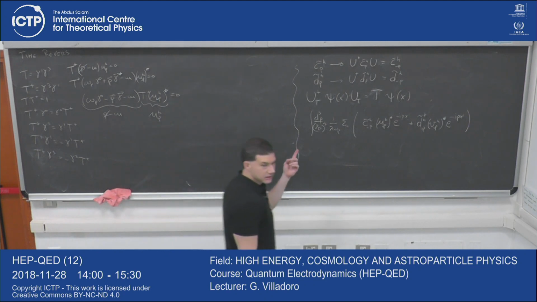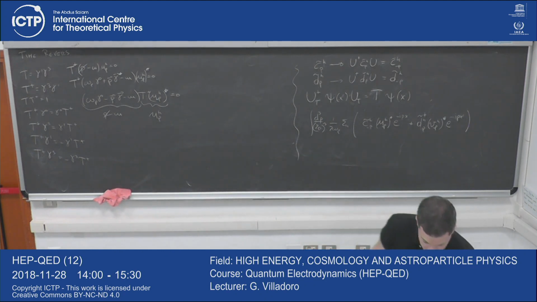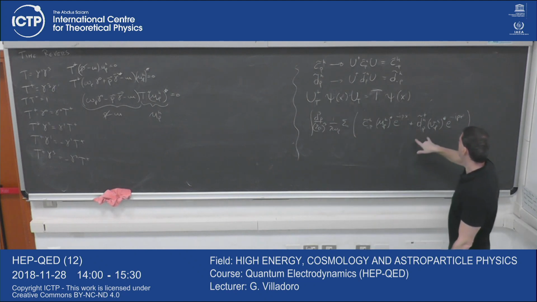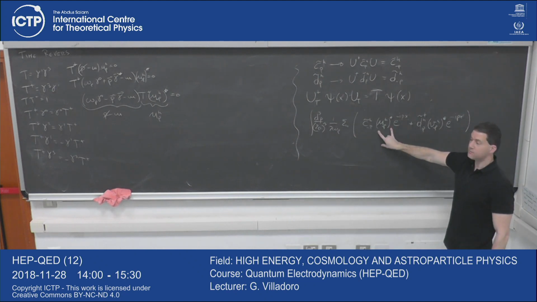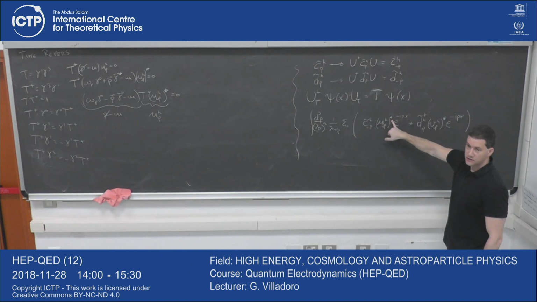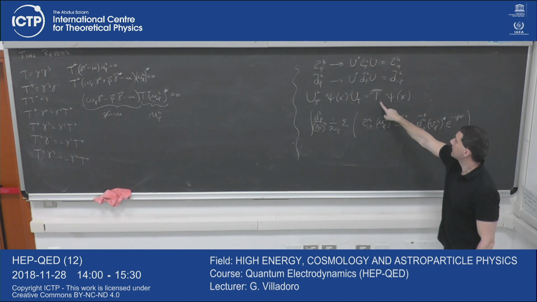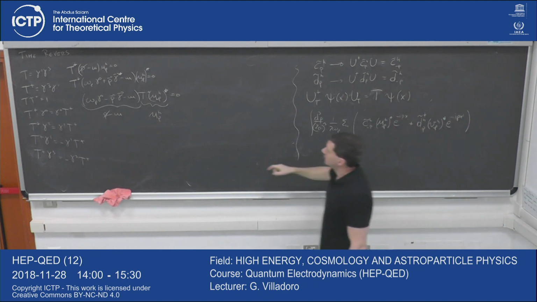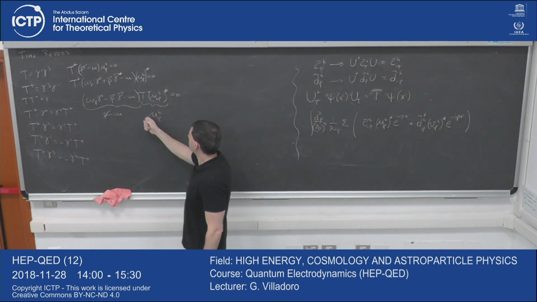So we found that T is the right one, right? Because now on one side of this equation you have u of minus p h star. On the other side you have T times u p h. So if this is equal to this, it means that T u p h is equal to u of minus p h star.